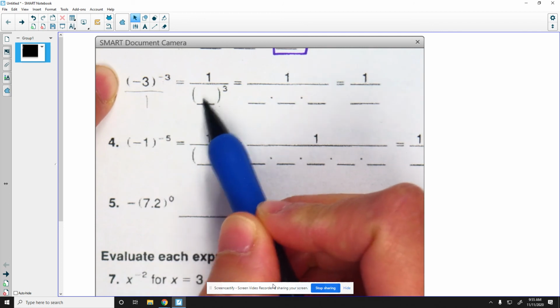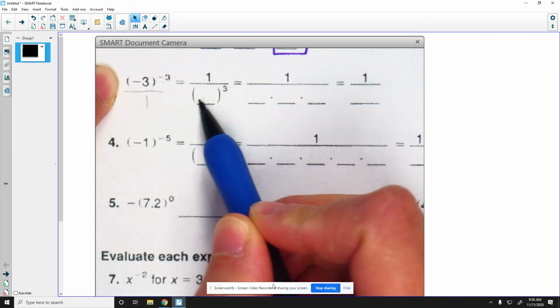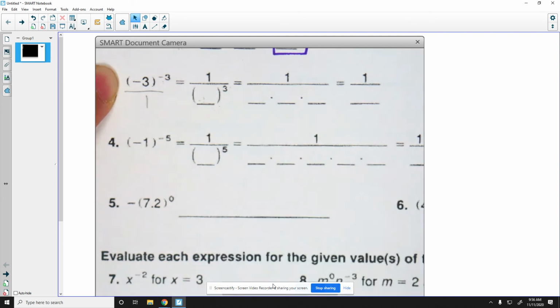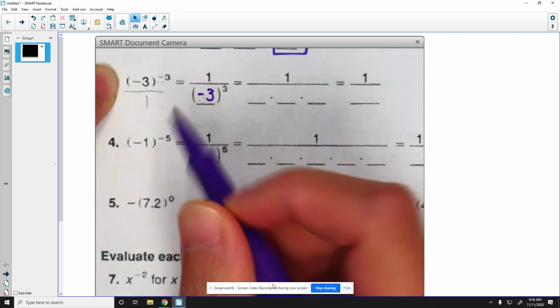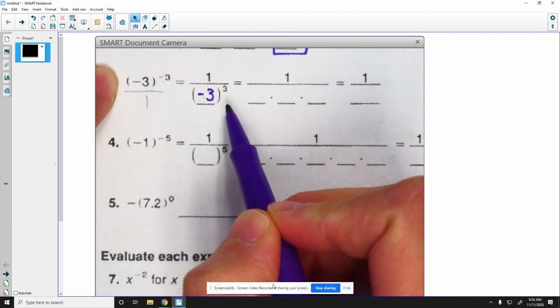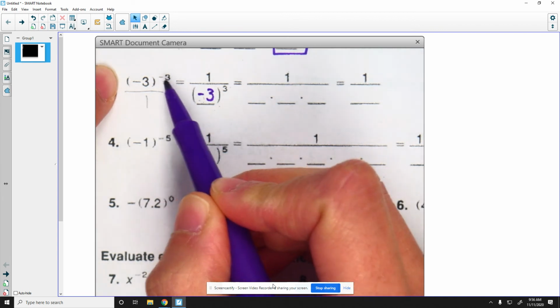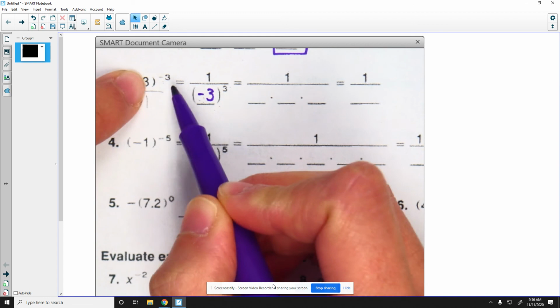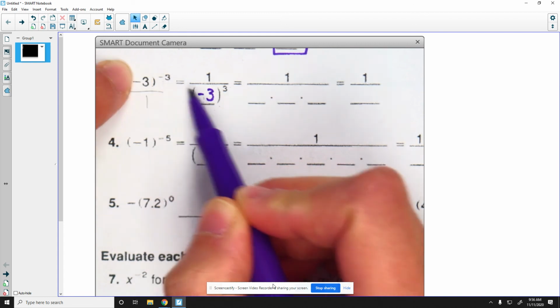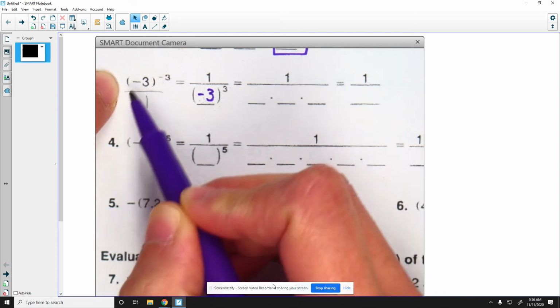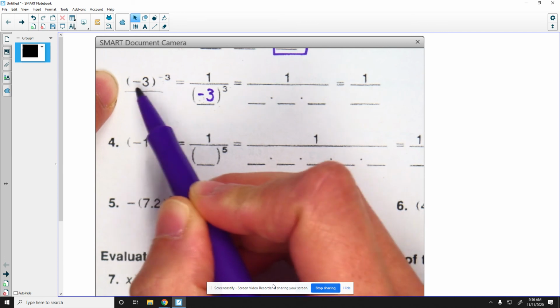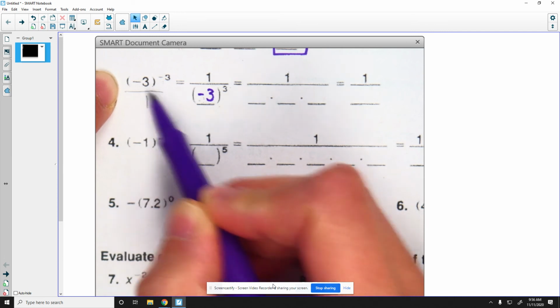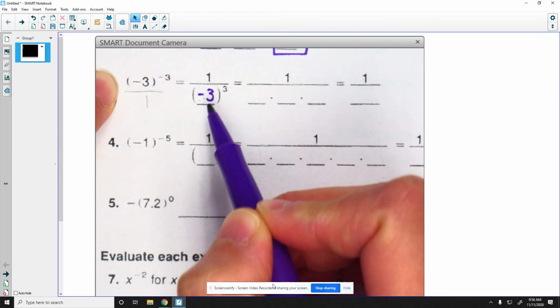So on the bottom, should I write 3 to the 3rd or -3 to the 3rd? -3. So here's the rule. When I flipped it, the negative exponent went away, right? This -3 as an exponent turned into a +3. But my base, this main number is called the base, still stays the same and it's still -3.